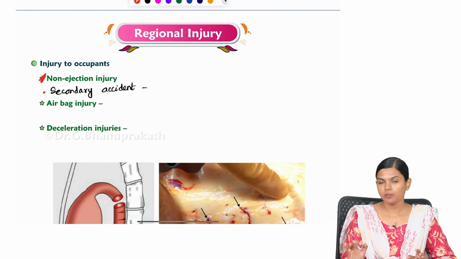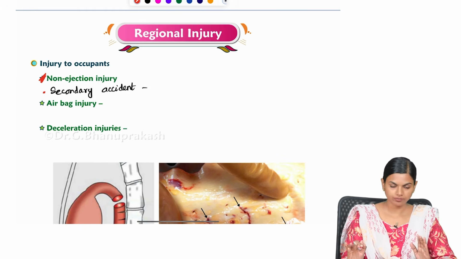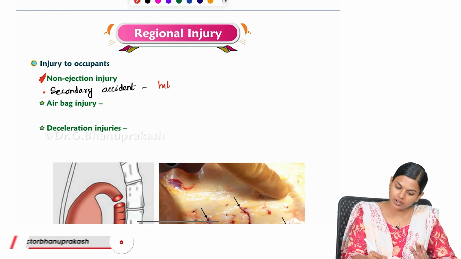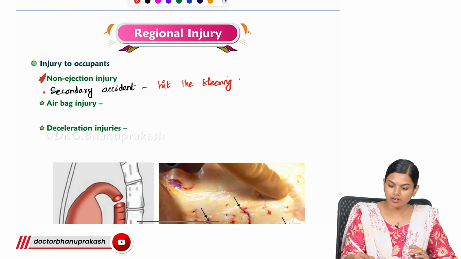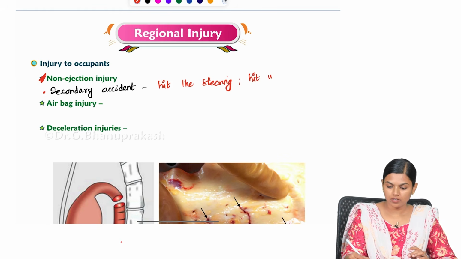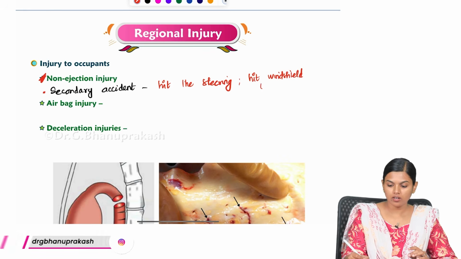Because of the sudden deceleration, especially the driver will hit the steering wheel, and they can also hit the windshield if they don't wear the seat belt.